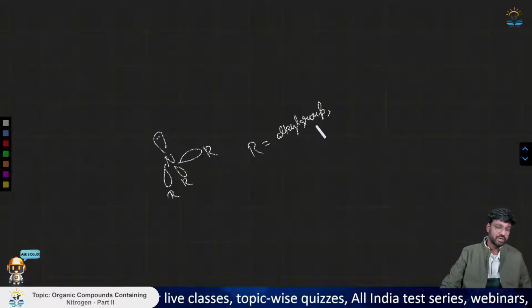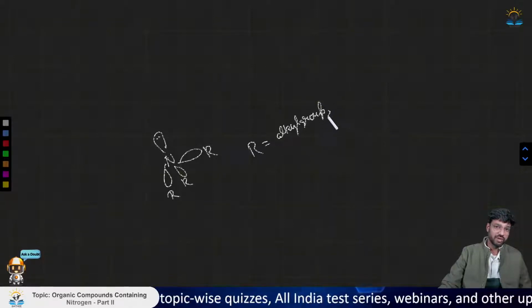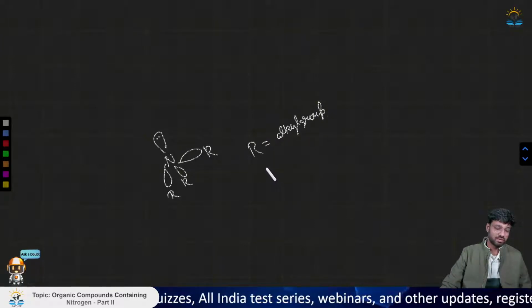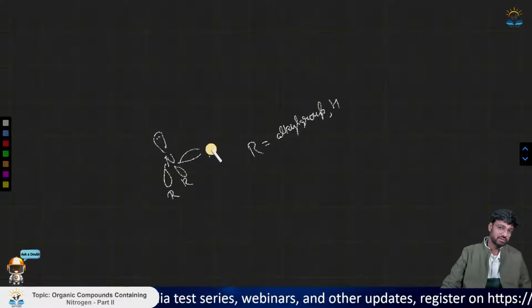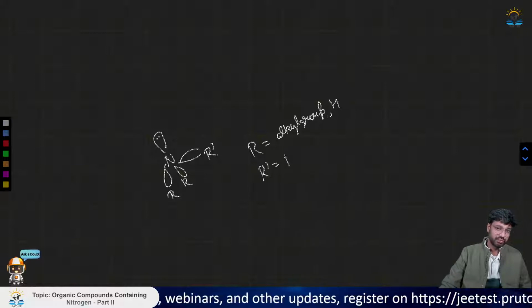One of these must be an alkyl group, and only then can it be called an amine. Otherwise, if all three are hydrogen, then it is called ammonia. So this R can be an alkyl group or hydrogen, and this R dash should be alkyl only.